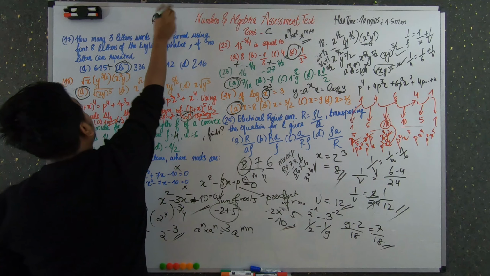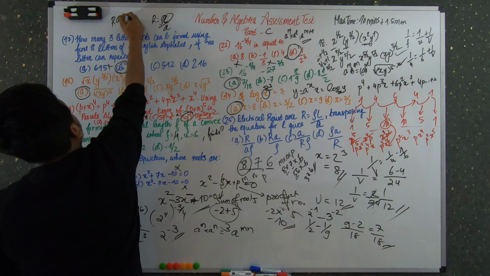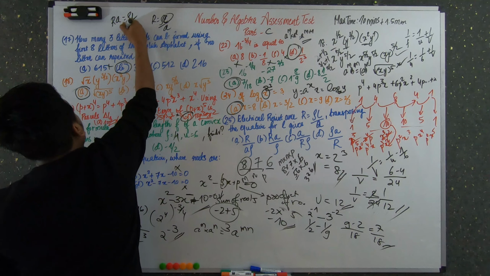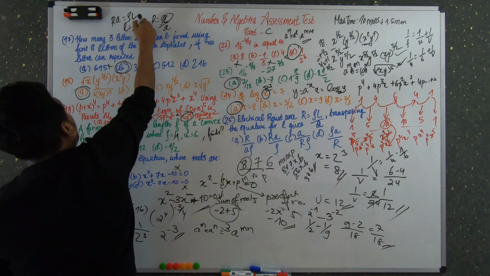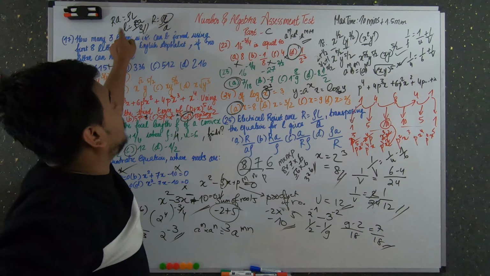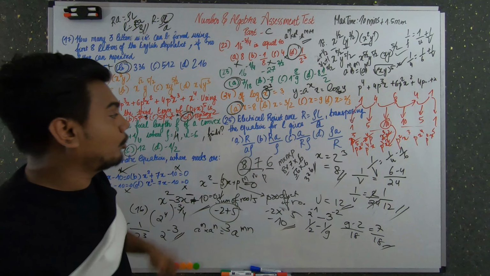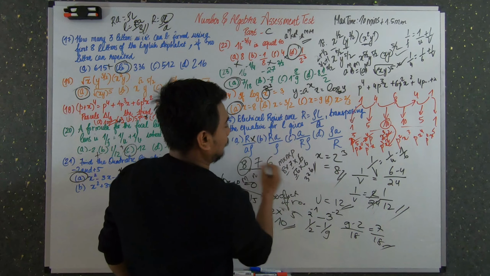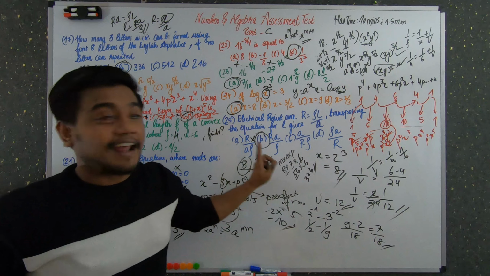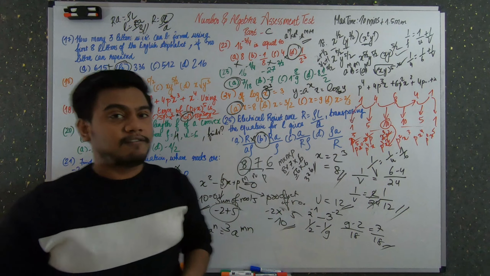So just keep L on this side. So what is it? RA is equal to rho L. So L is equal to what? RA by rho. Now L is the subject. Then the formula is RA by rho. So the option B is the correct answer for the problem number 25.